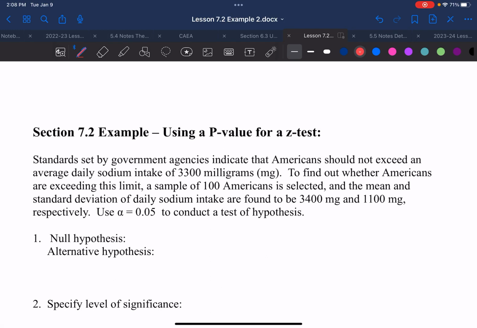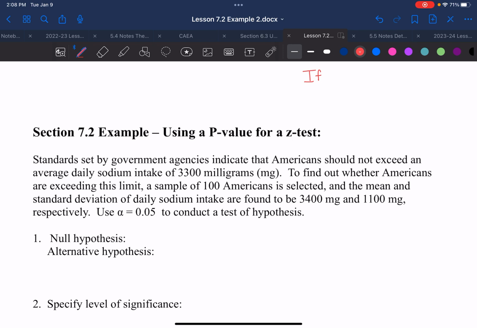For our first hypothesis test example, we're going to use the p-value approach for a large sampled z-test. From our previous lesson, recall that we have rules that decide for us whether we reject or fail to reject our null hypothesis.